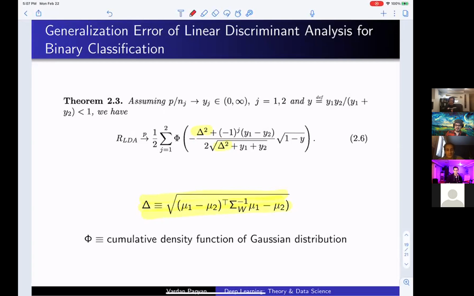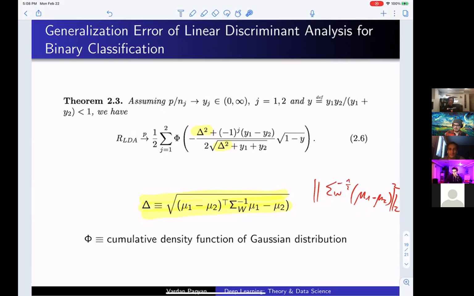So it's just the L2 norm of sigma_w to the minus half times mu1 minus mu2, squared, right? So what you can see here is that the fundamental quantity on which your misclassification depends is just how far the means are once normalized by the noise. Does this make sense?